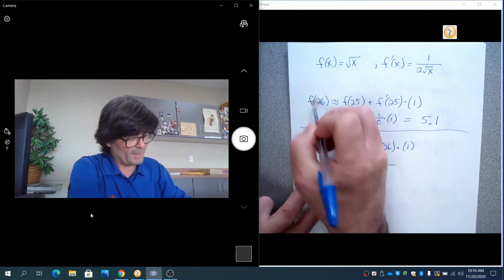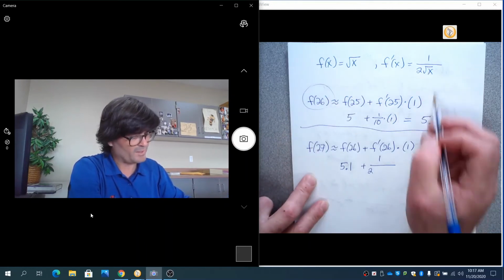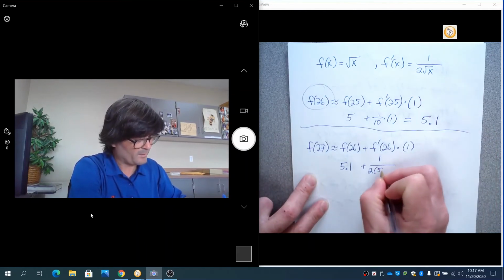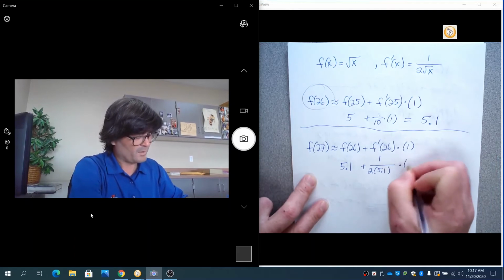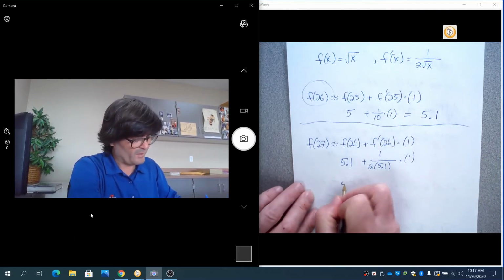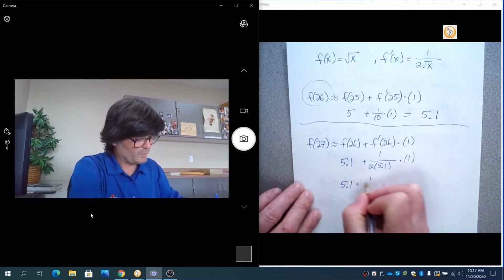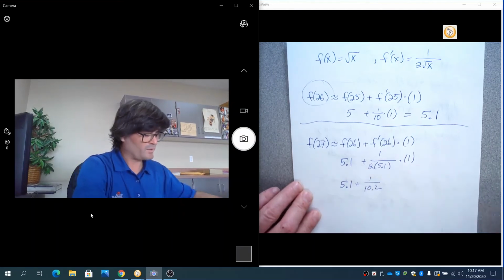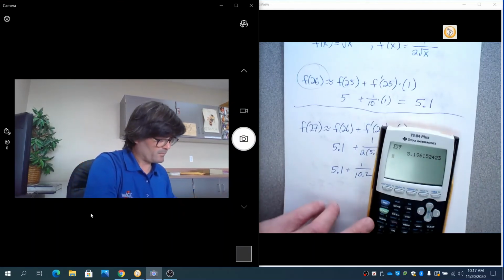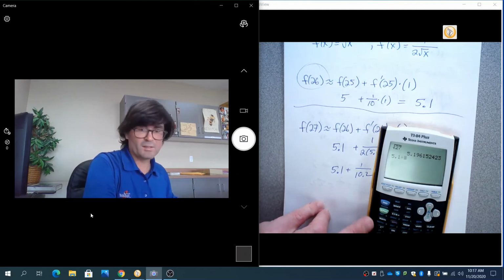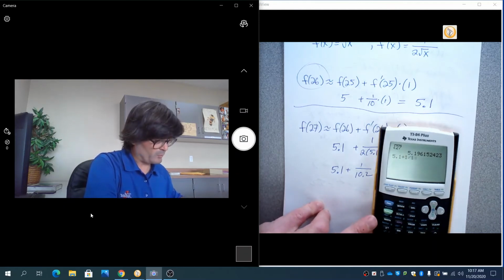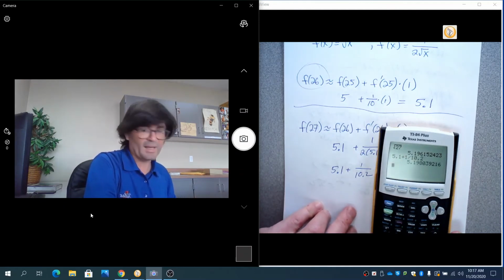And we approximated the square root of 26 as 5.1, so I'm going to put that down. Times 1. And so we get 5.1 plus 1 over 10.2. Let's see what that is. Plus 1 divided by 10.2. 5.198.